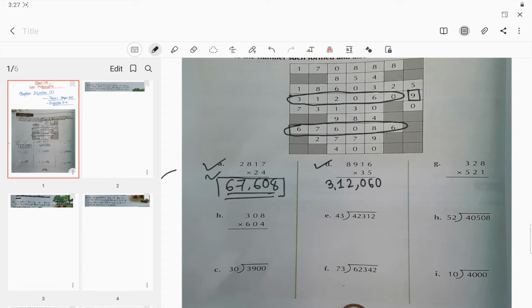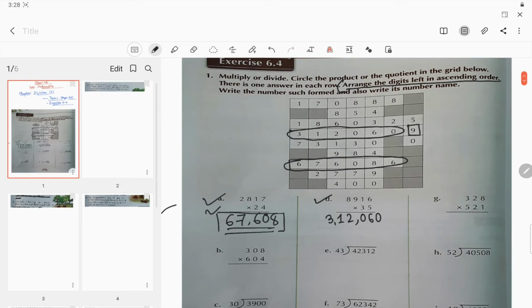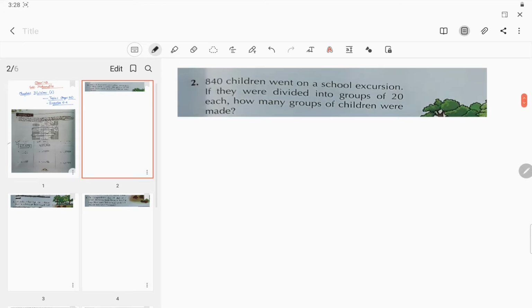Then collect them, arrange them in ascending order, then make a number and write the number name. So this is your duty, you have to do it by yourself. Now I am solving question number 2.